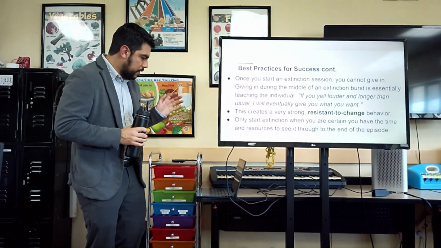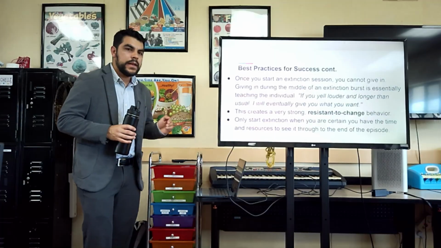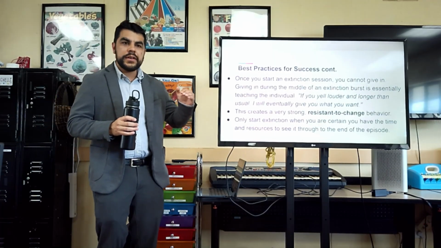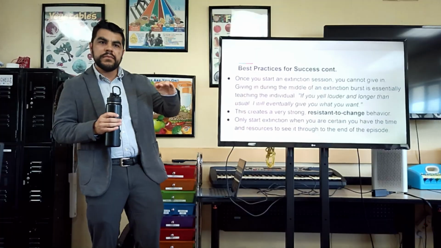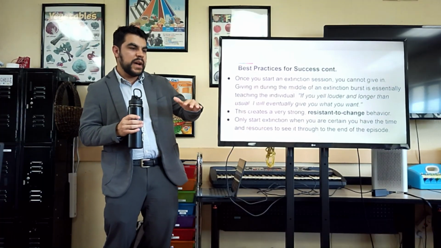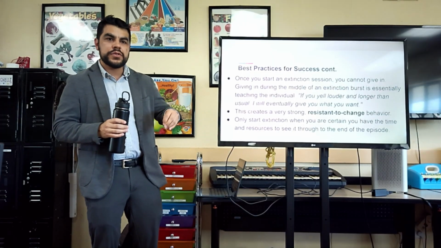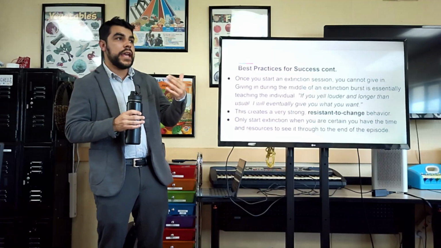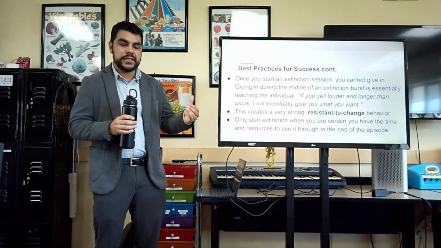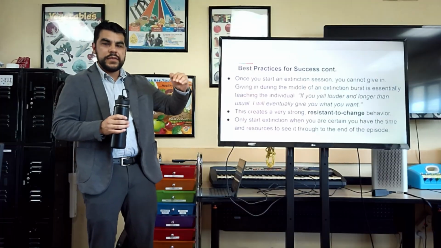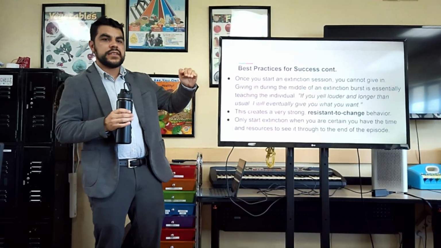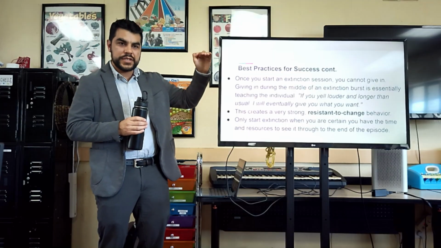And this is, I think, a useful way to think about it. If a behavior, let's say, is more of a mild to moderate level of severity, and the behavior itself, rather, is placed on extinction, the individual is going to engage in an extinction burst, and it's going to become much higher in intensity, as we described.